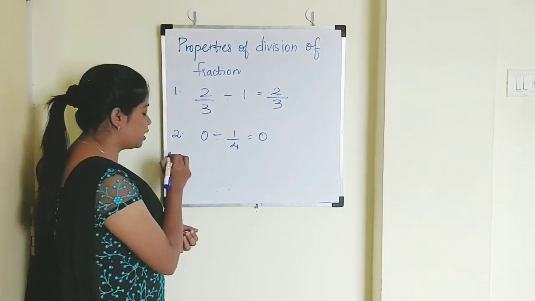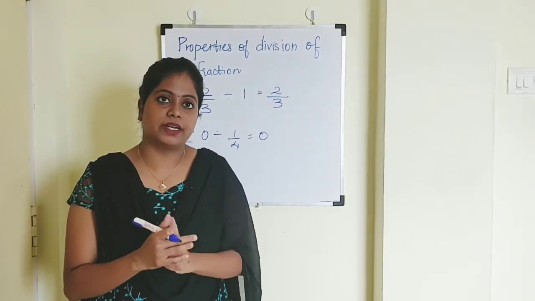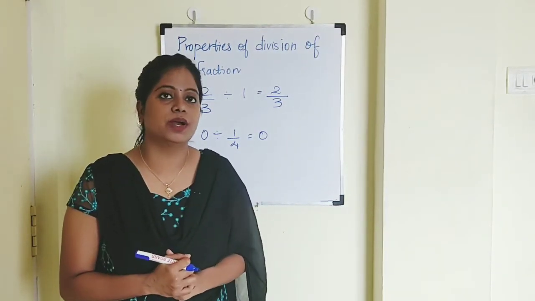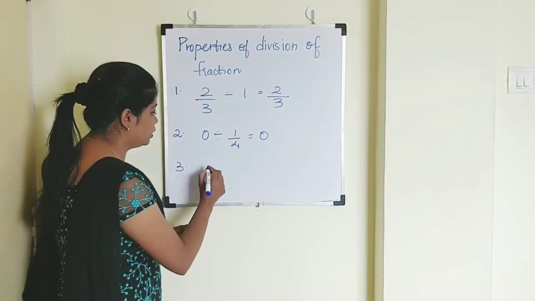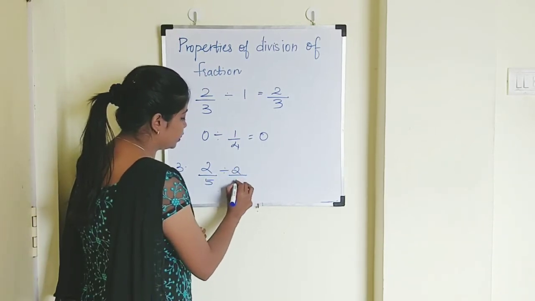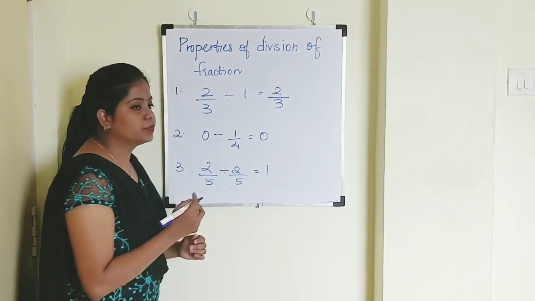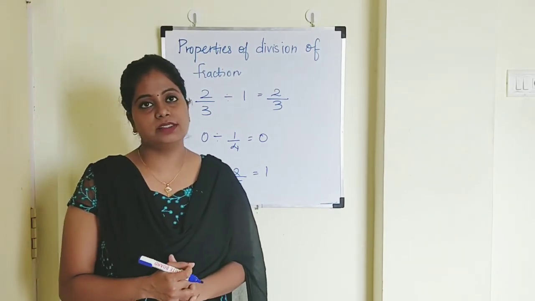The third and the last property of division is whenever a fraction is divided by itself, the quotient is 1. It is the same as the property of normal division. For example, 2/5 divided by 2/5 is equal to 1. So whenever a fraction is divided by itself, the quotient is always 1.